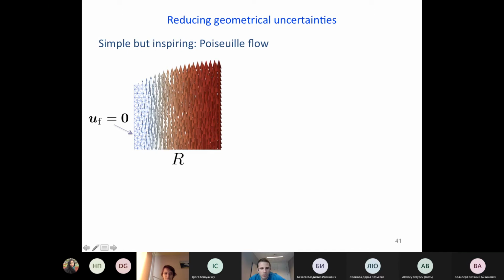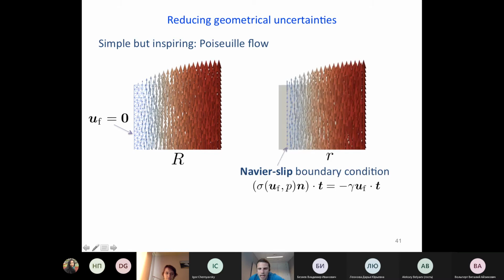If you have a Poiseuille flow in 2D, for example, and I have the radius r, then you have a 0 velocity here at the boundary, and you have a parabolic profile. Then you can say, okay, I will take a smaller domain of radius small r, and I will include in the boundary of the smaller domain not a 0 velocity boundary condition, but the so-called Navier slip boundary condition.